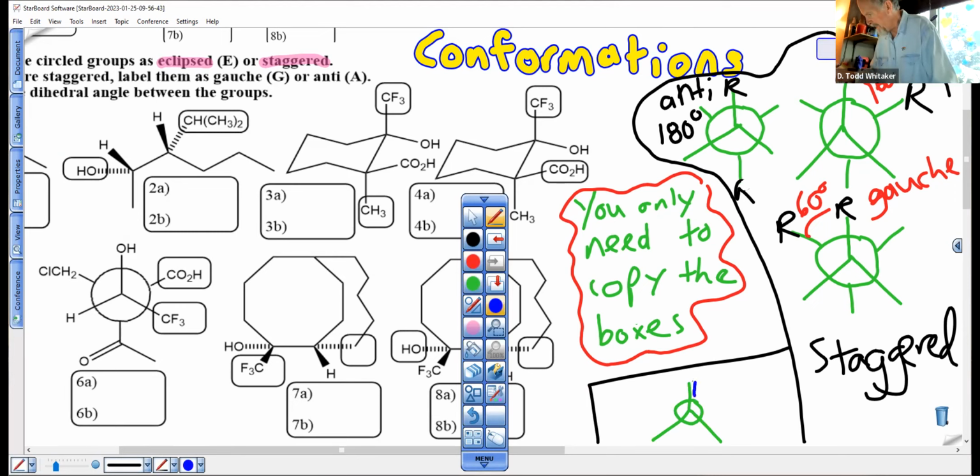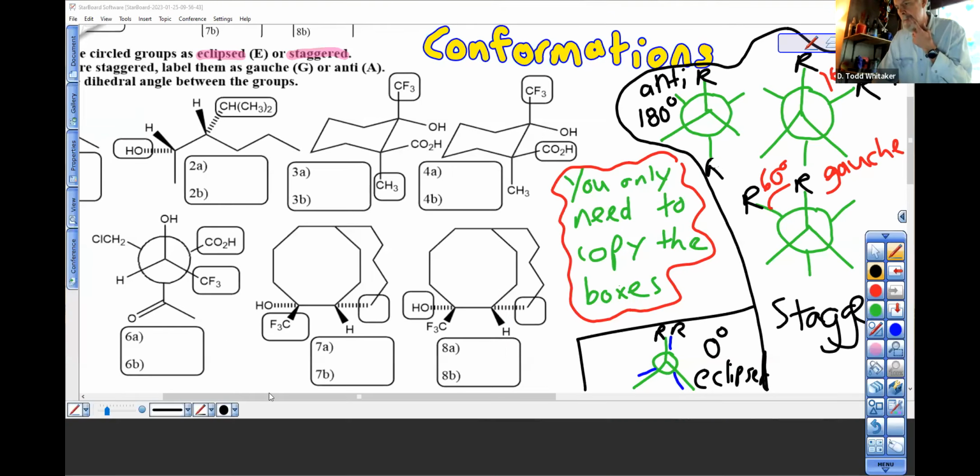Right in behind that one, right in behind this one, and right in behind that one. 0 degree angle between those R groups. And this is eclipsed. Okay. Real easy to see with the Newman. That's why I like to do that.